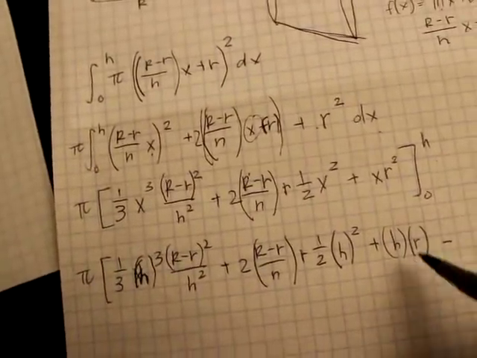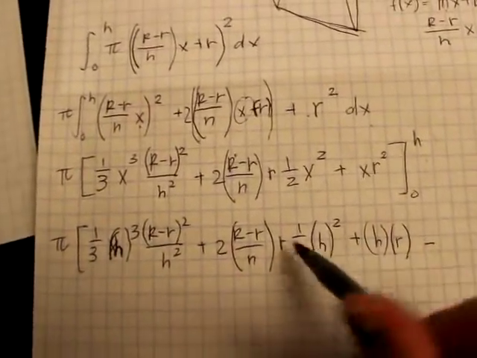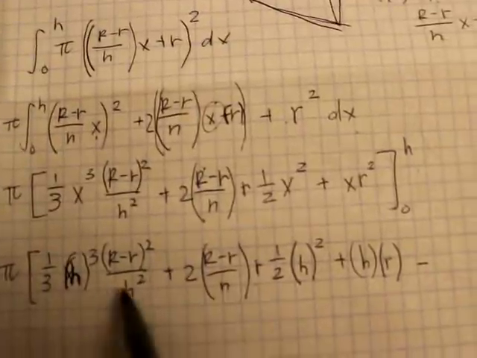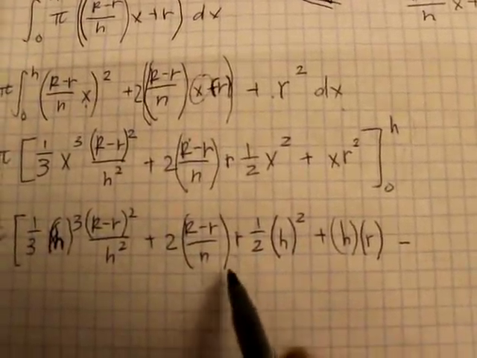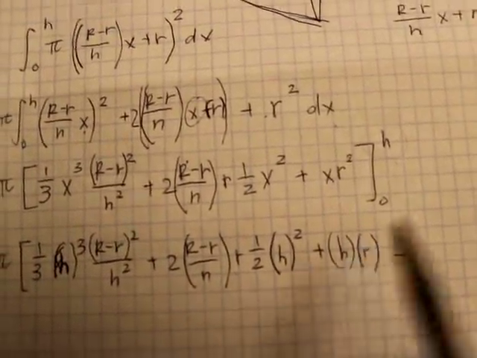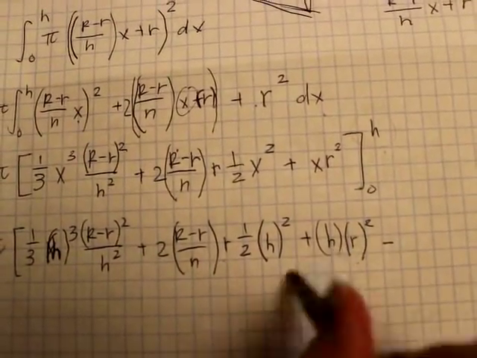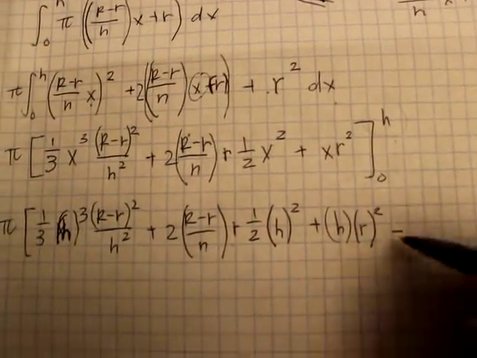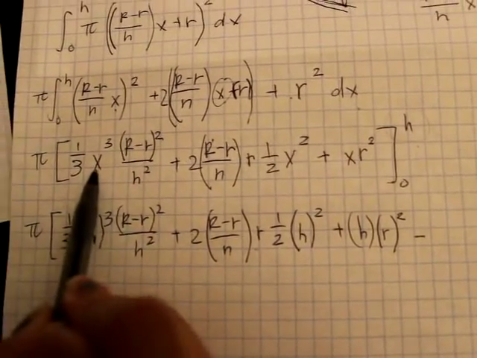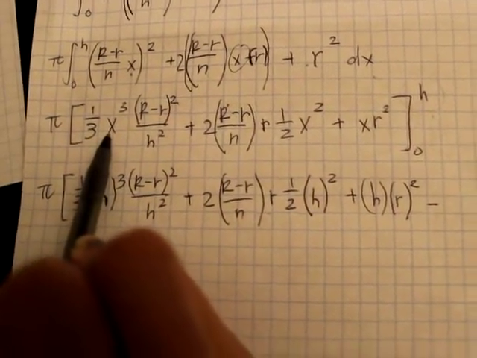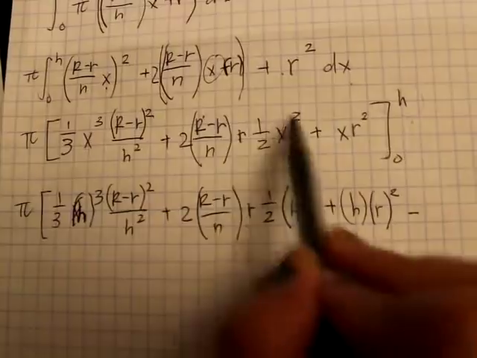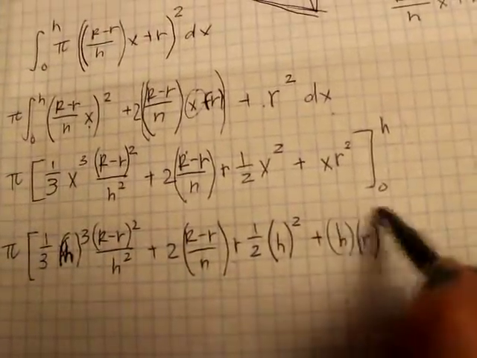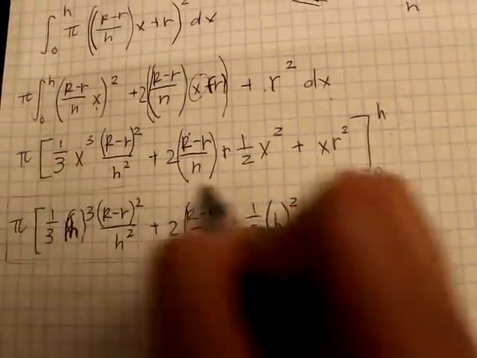Now when we plug in the 0, everything cancels out because x here cancels out, this becomes zeroed out, and this becomes zeroed out. So the volume is left to this equation.